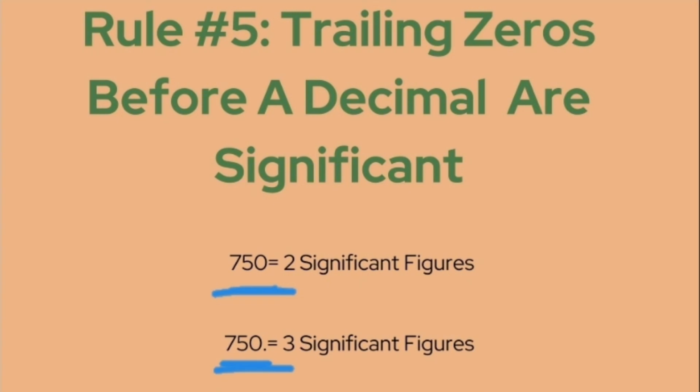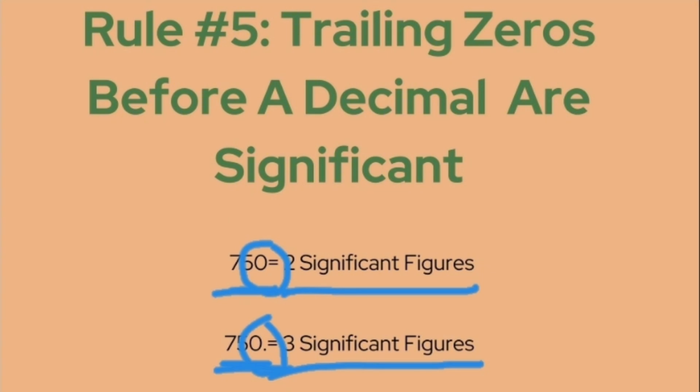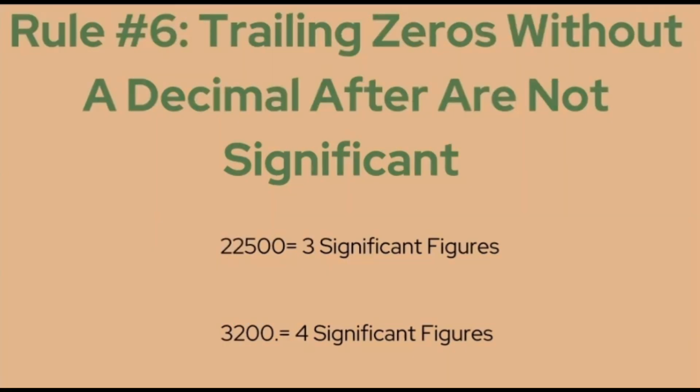So you have 750 with the decimal place, and by putting that decimal point there, we are saying that we are measuring out to that decimal place, and therefore that makes that zero significant, while this zero up here will not be significant. So this top number will have 2 significant figures because that last zero is not significant with no decimal, and this one will have 3 significant figures because of the decimal point before that final zero.